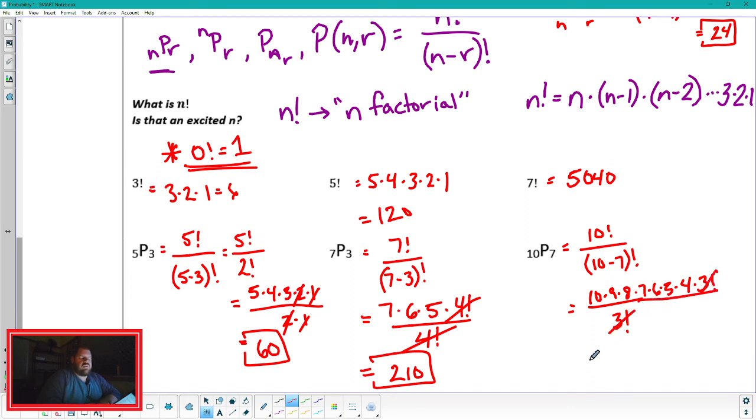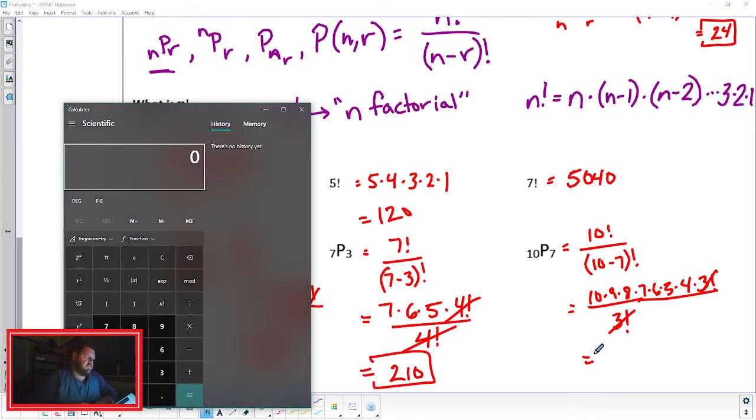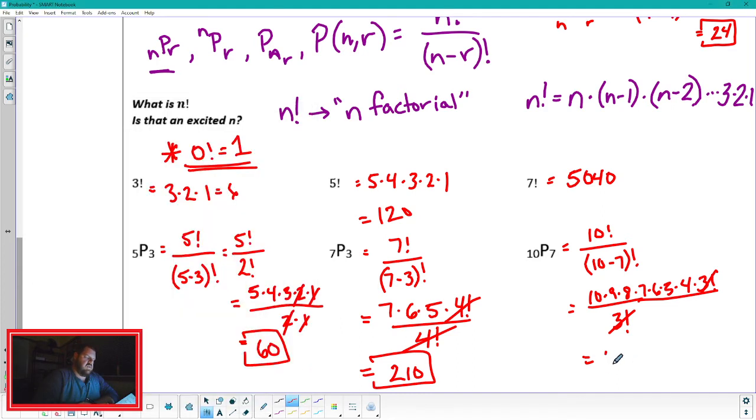And the 3 factorials will cancel, but I still have a lot of work to do. Grab a calculator. And I get 604,800.